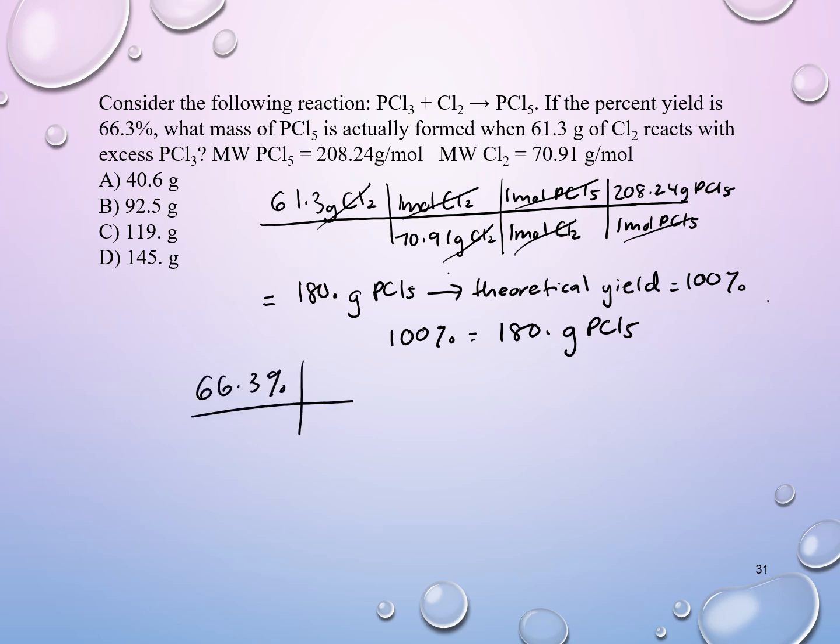You see how I'm crossing off the percent here? 180 grams PCl5, 66.3% of that is going to be 119 grams of PCl5. So that should give us our answer. Our answer in this case is going to be C right there.